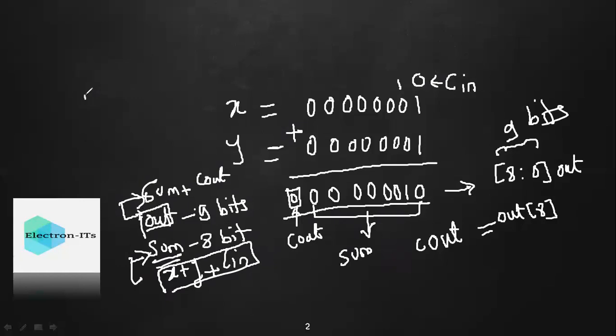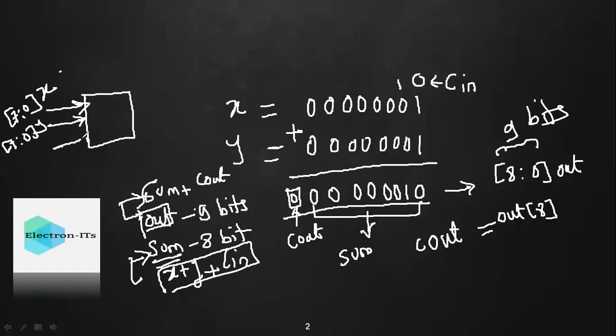So in this case your system is like this. x is your 8-bit input from 7 to 0. Y is your 8-bit input from 7 to 0. Then 1 bit C in, which is carry in. Then your output, which is sum, which is again 7 to 0. And C out is 1 bit.